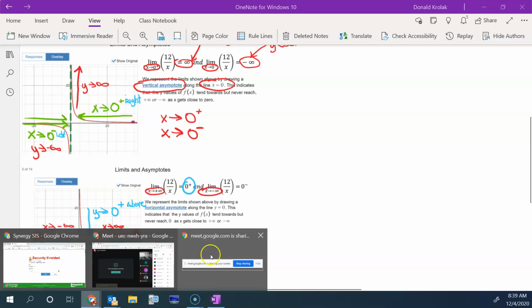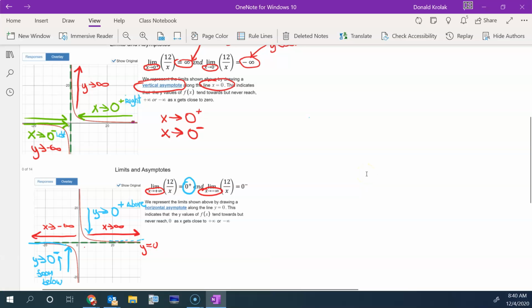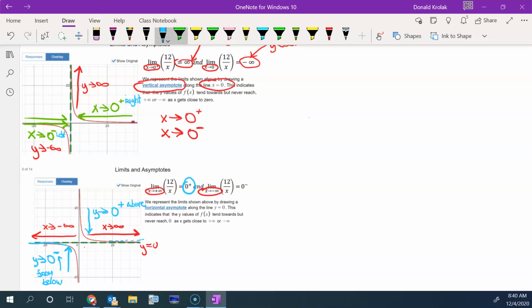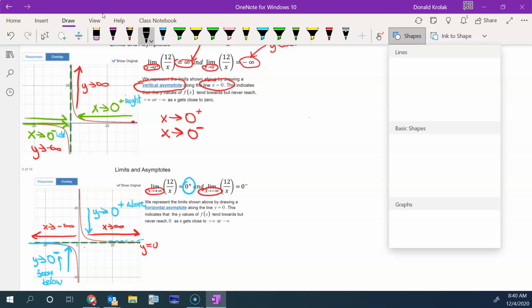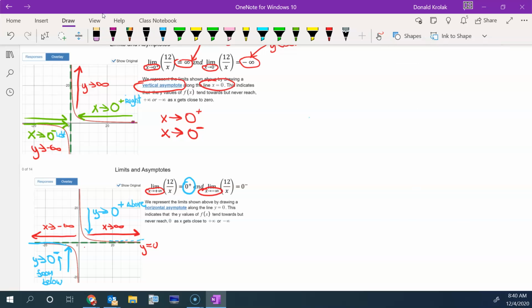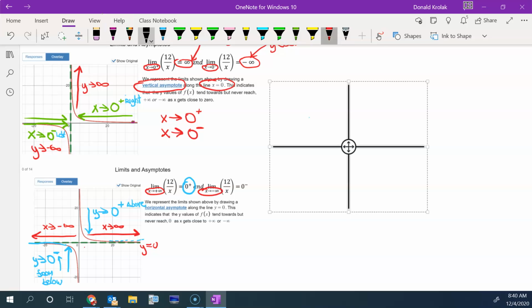Okay, so the next thing we're going to look at is what this parameter does to the equation. So if I had a reciprocal function, y equals some number over x.